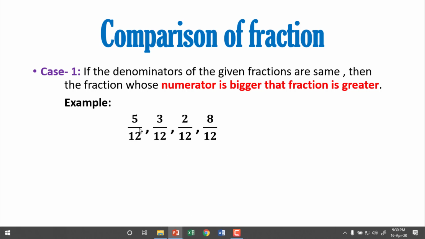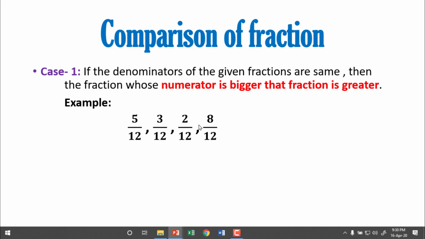See, here some fractions are given: 5 by 12, 3 by 12, 2 by 12, 8 by 12. Here all the denominators are the same. As the denominators are the same, we will compare the numerators. The fraction with the bigger numerator is the bigger one.